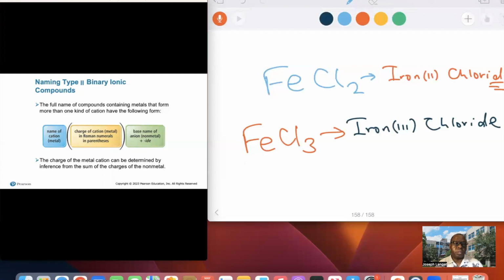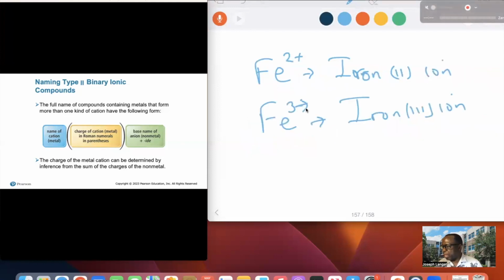You have to teach yourself how to use the crossover rule, how to use the Stokes system, the Roman numeral. Well, I wouldn't really worry much about the sum of the charges here. Just use the crossover rule.